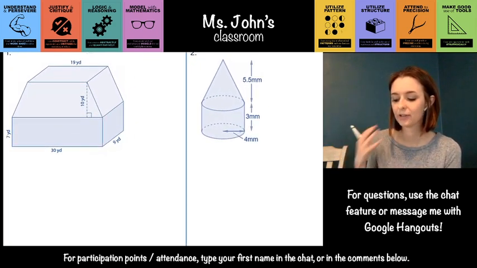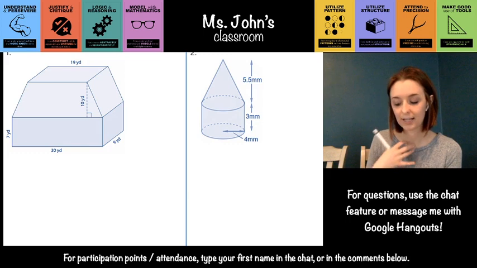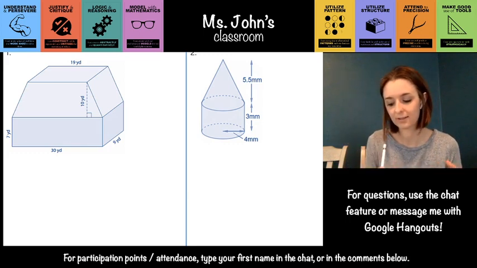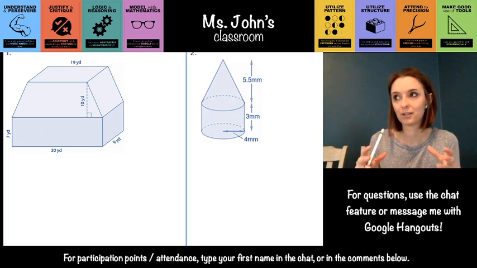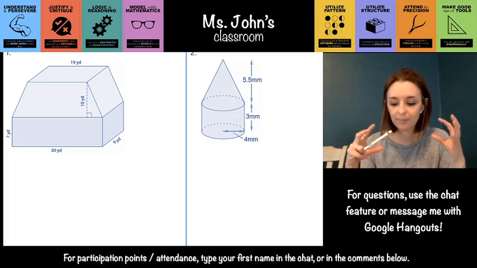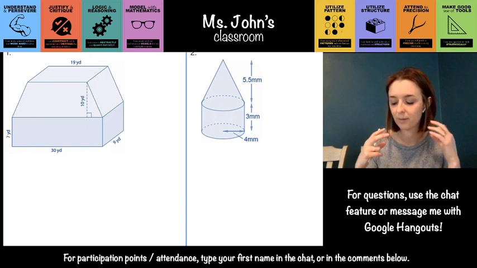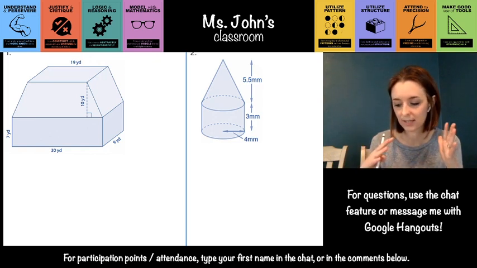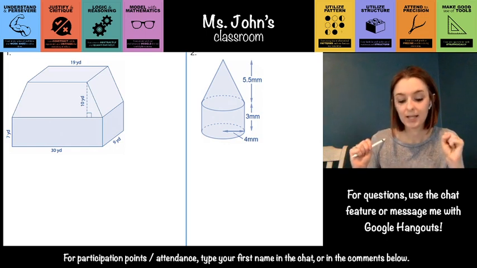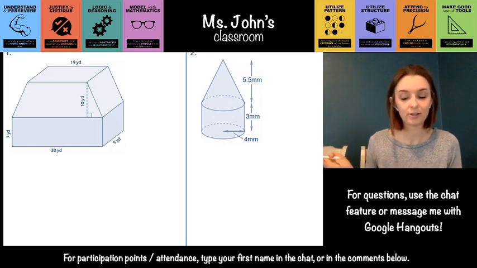looks to me like a rectangular prism on the bottom where it has all rectangle sides. So that whole bottom could be a rectangular prism. And then the top piece looks like a prism, but the base is a trapezoid. That's what it looks like to me, and that's fine. We know how to find the area of a trapezoid.